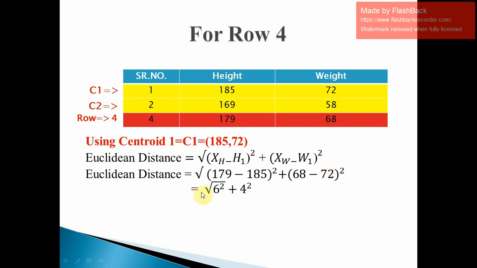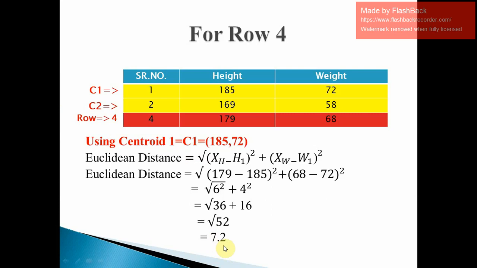By performing the calculation, it will be 6 square plus 4 square, then 36 plus 16, it will be the square root of 52. The square root of 52 is 7.2. Now the Euclidean distance for row 4 using the centroid value C1 is 7.2.